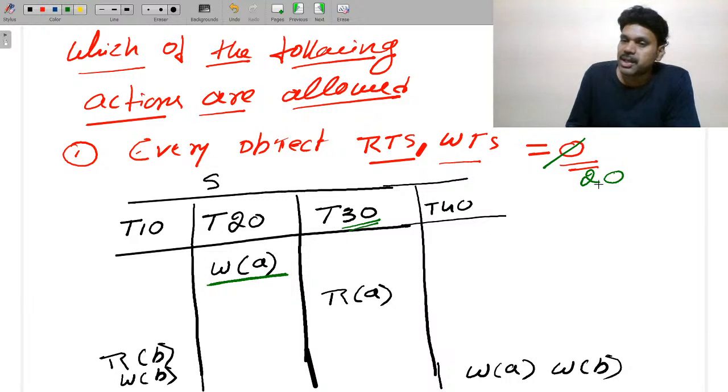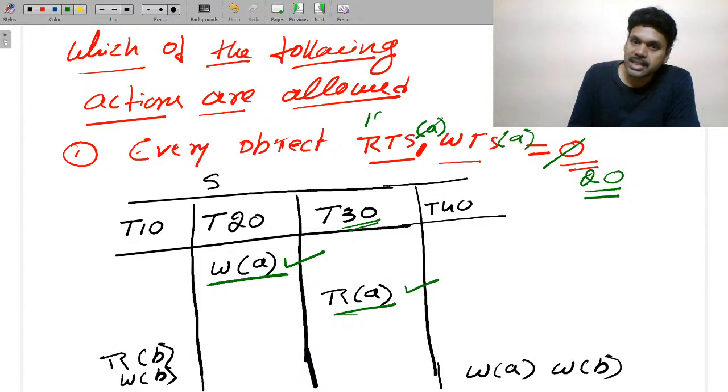R means I am checking with the write timestamp. So 30 is greater than 20. Therefore, this is also allowed. So your RTS on A, I am talking about A, this is 20. This is 10. Observe carefully. And now I am coming back.